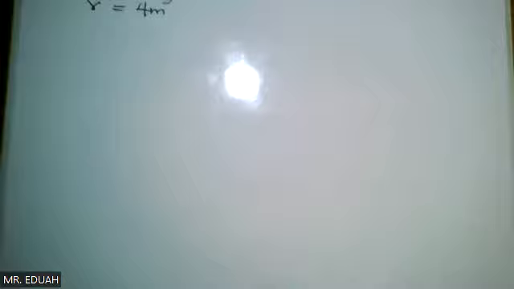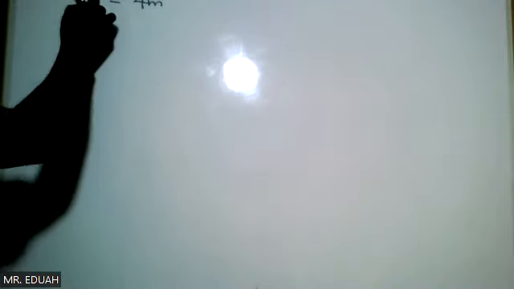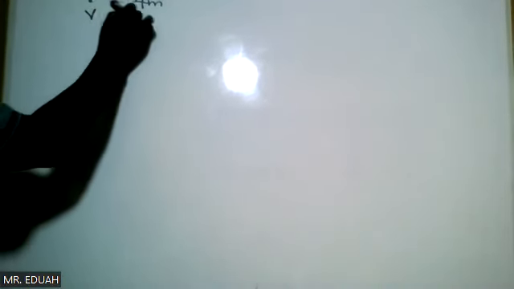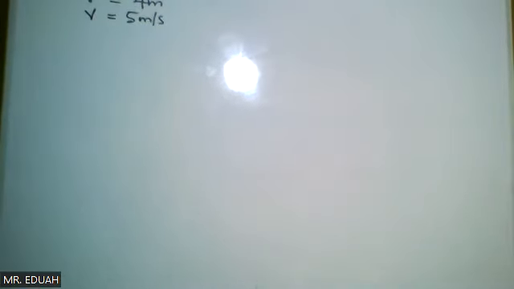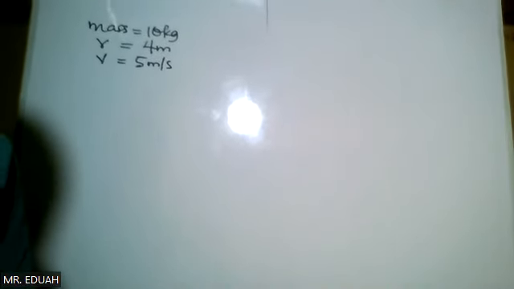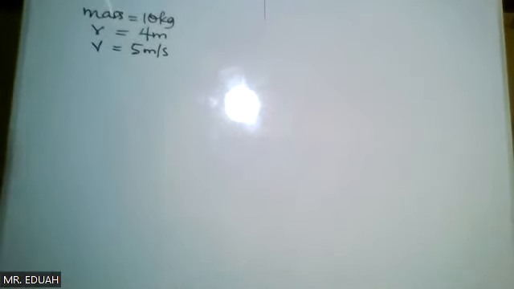If the mass is 10 kg, then radius 4, then the uniform speed V is 5 meters per second. And I'm to find theta.